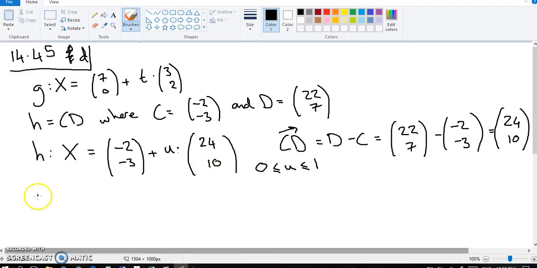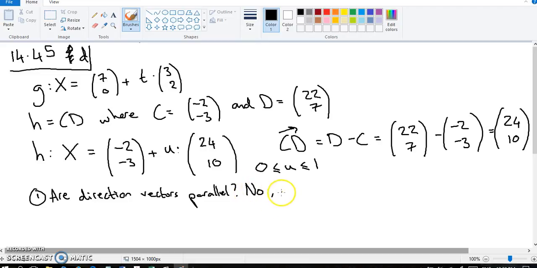So the first thing I should ask myself is, are the direction vectors parallel? I can see that I would have to times 3 by 8 to get 24, but I'd only need to times 2 by 5 to get to 10.